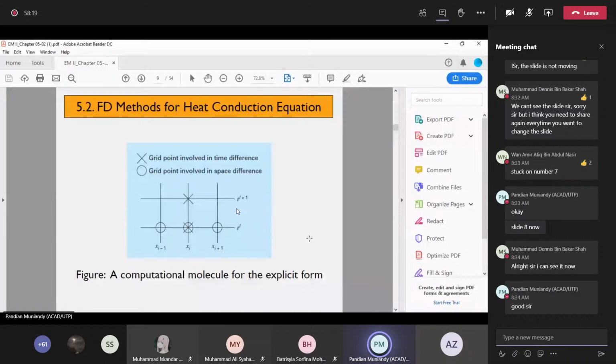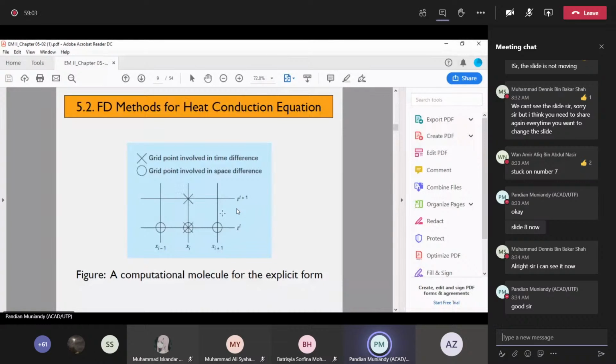So you may wonder what is this diagram. This is what we call grid point diagram. The cross sign is grid point involved in time difference, and the circle sign is grid point involved in space difference. The vertical axis is x, the horizontal axis is t. The previous time level is L, the next one is L plus 1.